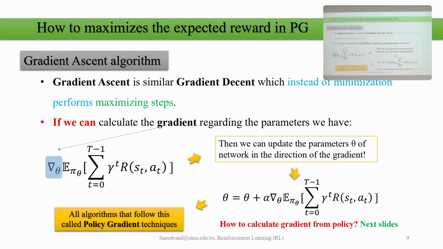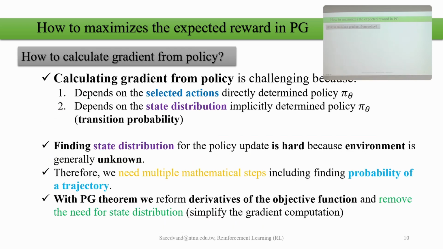Okay. Now the question is how to calculate the gradient of the policy. This is not easy at all. Calculating the policy gradient is challenging. It depends on the selected actions, which directly determine the policy pi. This policy pi with parameters theta is actually a neural network or deep network that generates one policy for me, right?